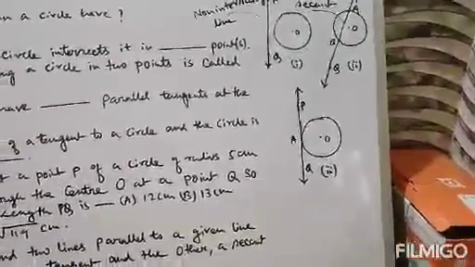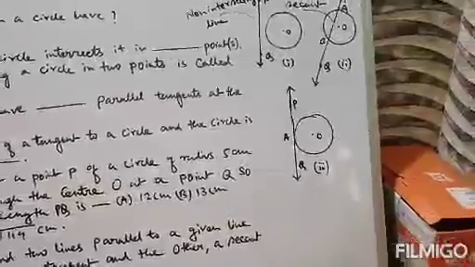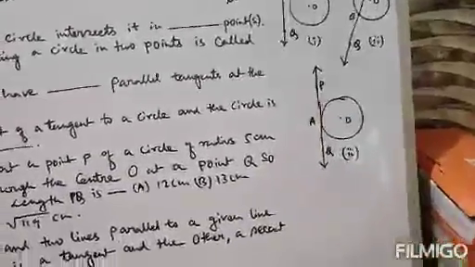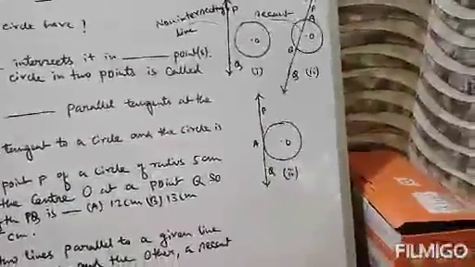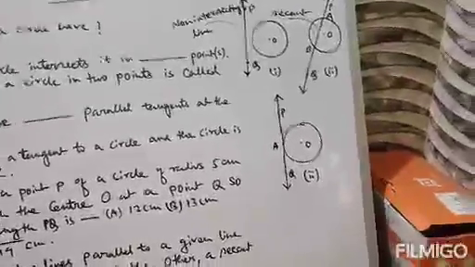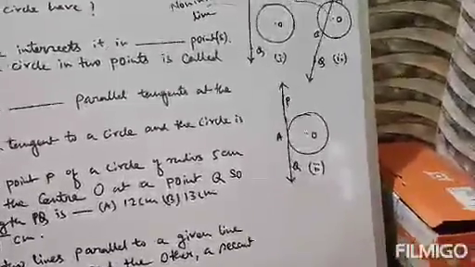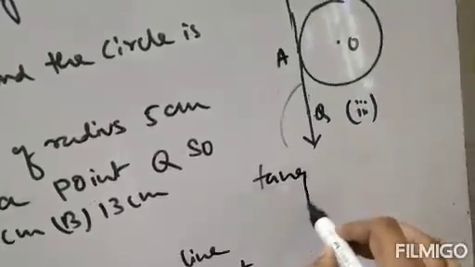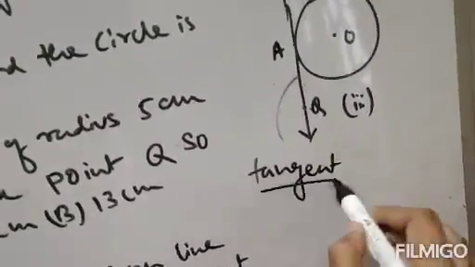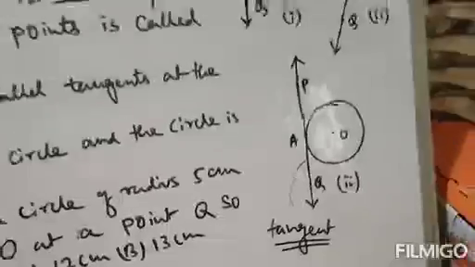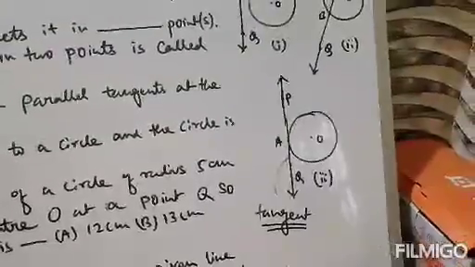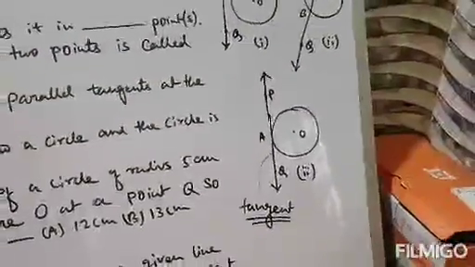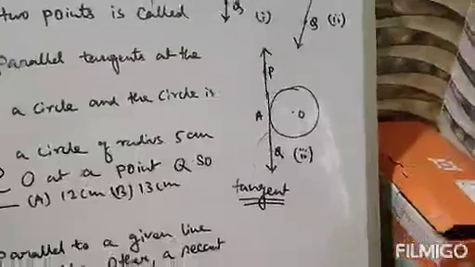And as there is only one common point between line PQ and the circle, PQ is termed the tangent of the circle, because it just touches the circle at point A.